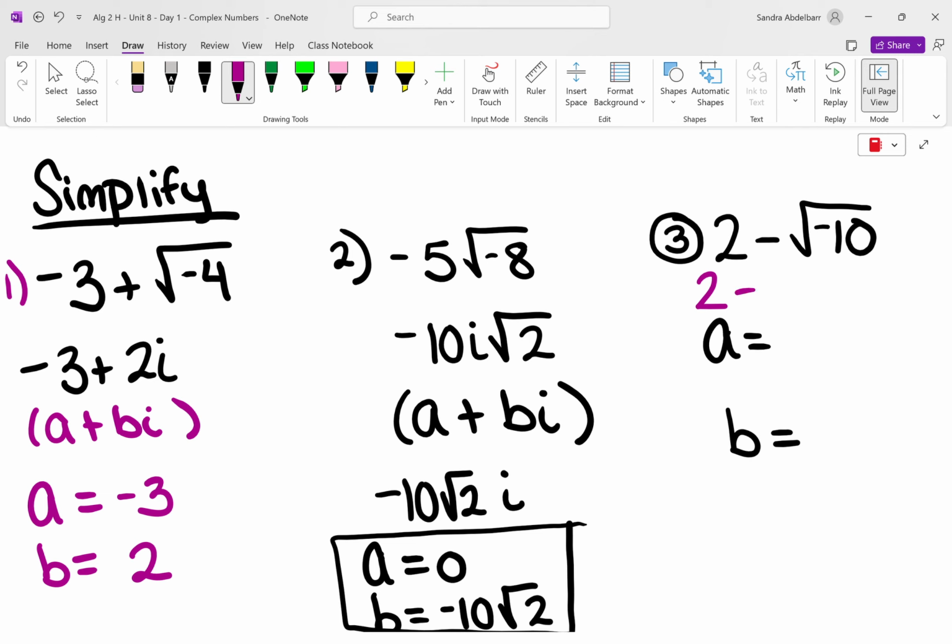So when you simplified this, all you could do was pull out the i. So we get 2 minus i root 10. Can somebody tell me, what did you identify as a? 2, perfect. What did we identify as b? Negative root 10. Very, very good. That negative belongs with the root 10. Perfect.